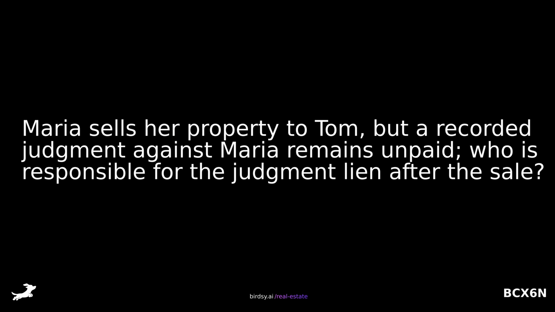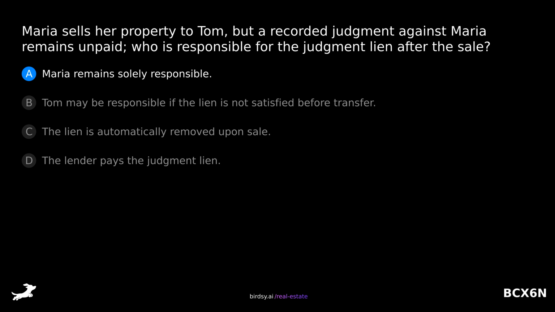Maria sells her property to Tom, but a recorded judgment against Maria remains unpaid. Who is responsible for the judgment lien after the sale? Is it A, Maria remains solely responsible, B, Tom may be responsible if the lien is not satisfied before transfer, C, the lien is automatically removed upon sale, or D, the lender pays the judgment lien?